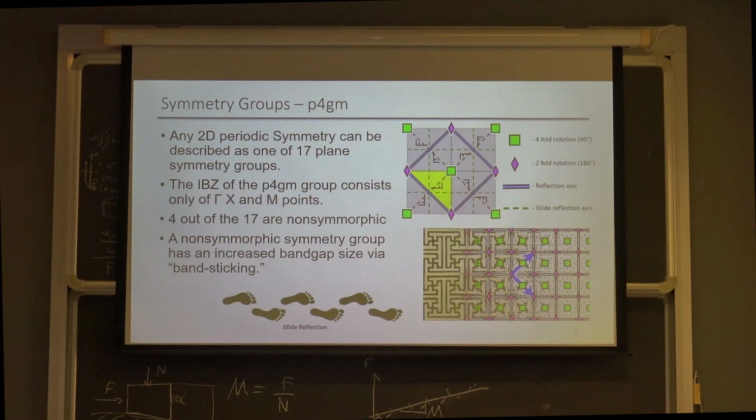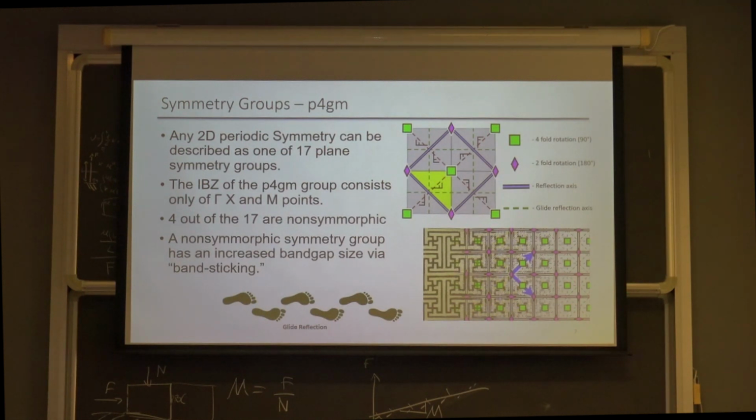Like, if I ask you to think about some periodic pattern on the plane, the number of choices is unlimited. It's infinite. It depends on your creativity. But actually, we can describe any periodic pattern on the plane with just 17 plane groups.